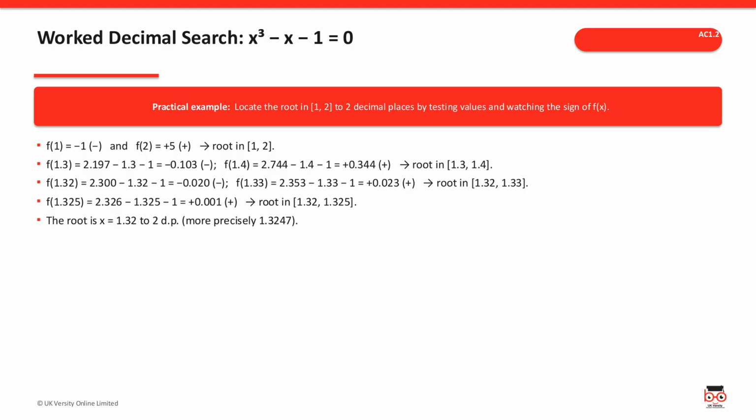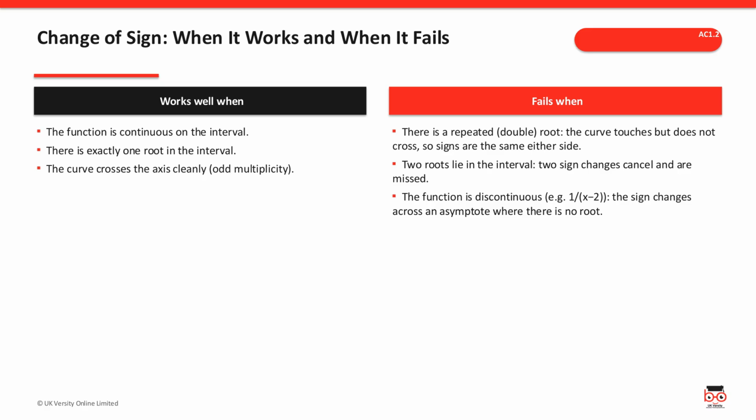Test 1.322, that's about minus 0.02, and 1.33 gives plus 0.023, so the root sits between those two. One more, 1.325, comes out just barely positive, which tells us the root is 1.32 to 2 decimal places, or more precisely 1.3247.